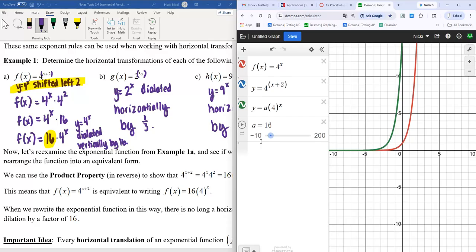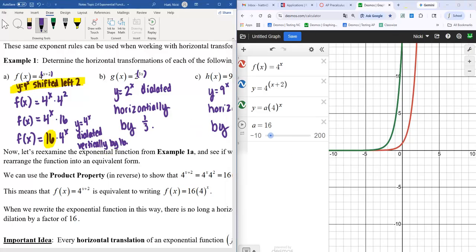I think, especially with exponentials, vertical stretches are really hard to see what's happening there because this graph already shoots up so quickly, right? So seeing it be taller and skinnier is really hard to deal with visually. That's why it's really important that we know our rules for how to look at the equation for those.